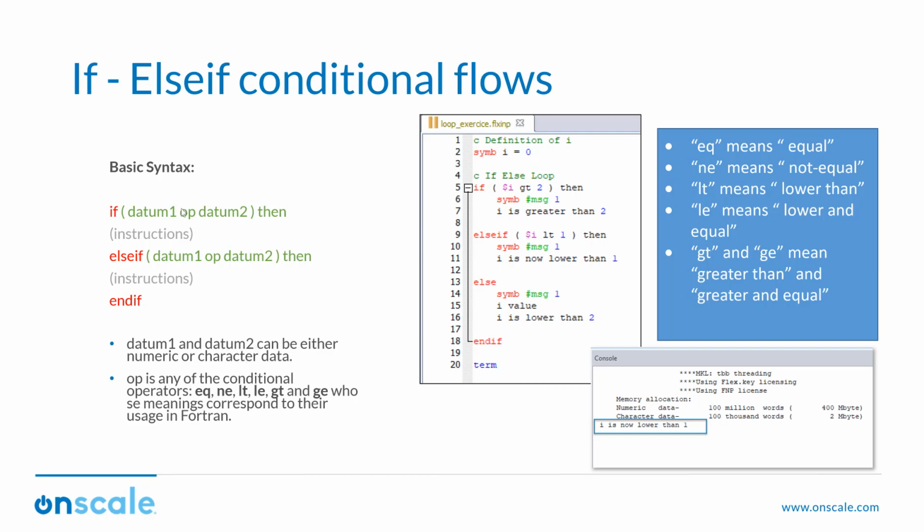In between, this OP is called OP here, but it actually has to be one of the 6 conditional operators. They are the same as the ones used in FORTRAN, the FORTRAN convention. So EQ means equal, NE non-equal, LT lower than, LE lower or equal, GT and GE are respectively greater than and greater or equal.